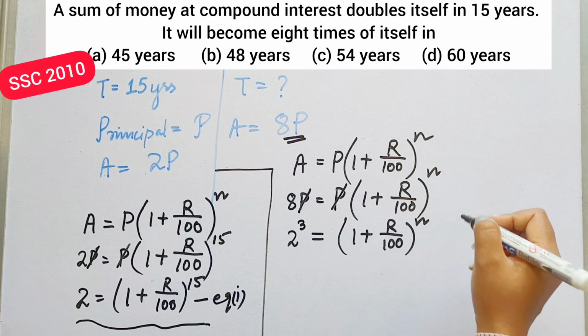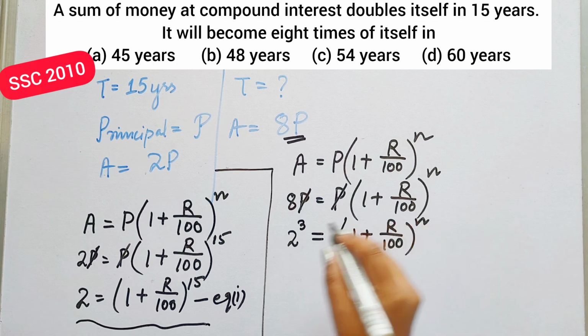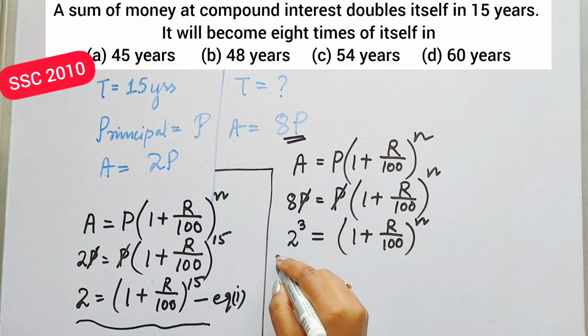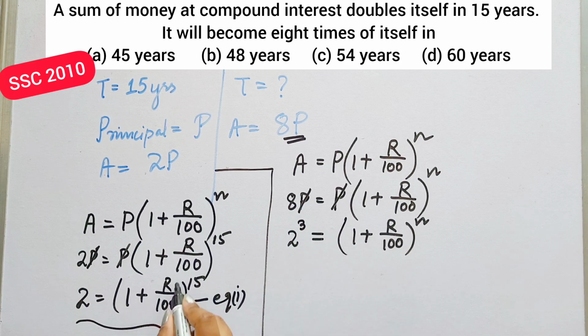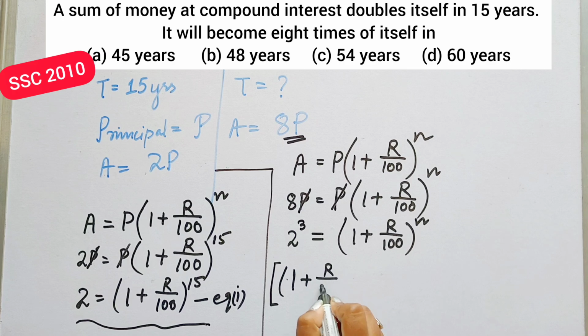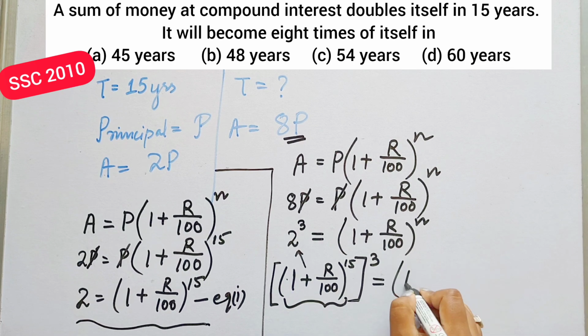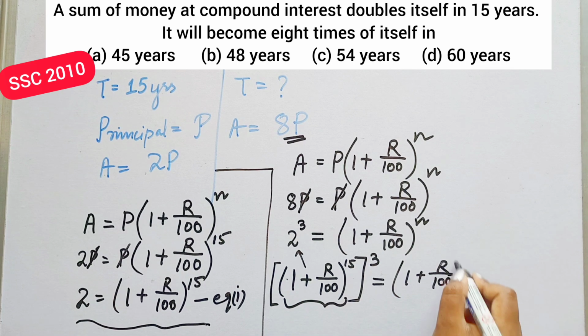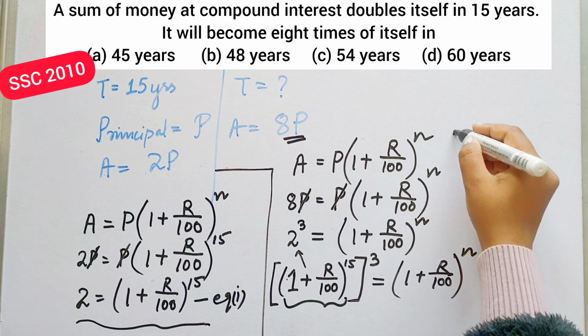8 can be converted to 2 cube, equals 1 plus R by 100 to the power n. Since the value which we have to find out is in the power, we have to create something that will have some power on the left hand side so that we can equate the powers later on. So 2 is 1 plus R by 100 to the power 15, so we will replace it. 1 plus R by 100 to the power 15 whole cube equals 1 plus R by 100 to the power n. You can see the same elements, 1 plus R by 100 and powers, so we can equate that.